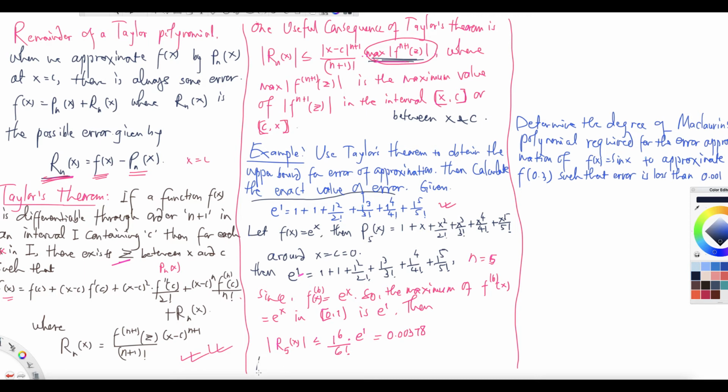What is the exact value? The exact value of the error is equal to e to the 1 minus that value, okay? So e to the 1 is approximated by that value, right? But there are so many terms to come, but we did not write all those terms. So what I am doing is e to the 1 minus that value. So how much is this? Let me write down that.